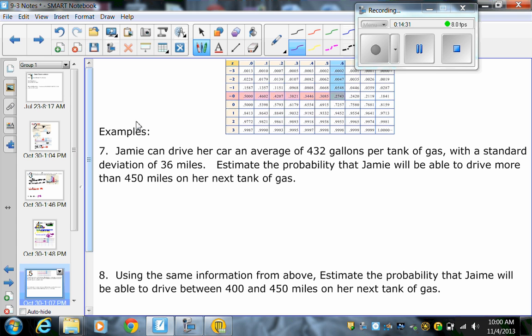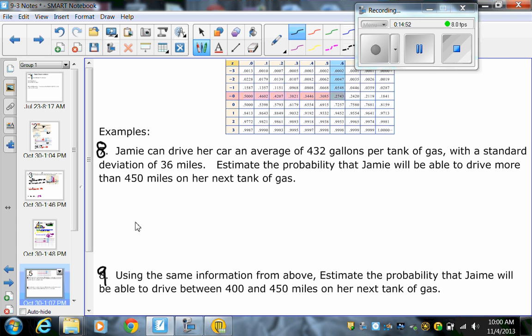Okay, this is really example 8 and example 9. It says Jamie can drive her car an average of 432 miles per tank of gas with a standard deviation of 36. Estimate the probability that Jamie will be able to drive more than 450 miles on her next tank of gas.